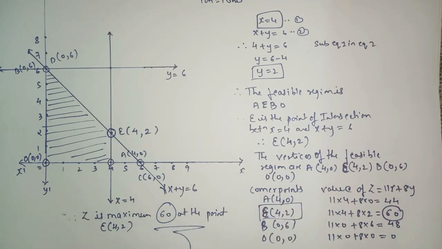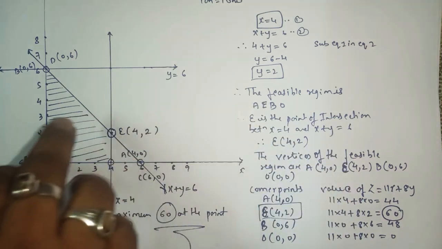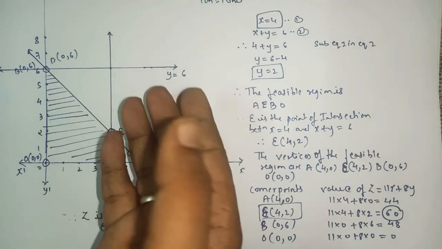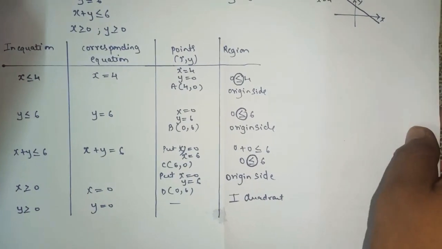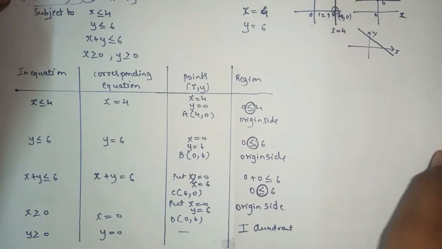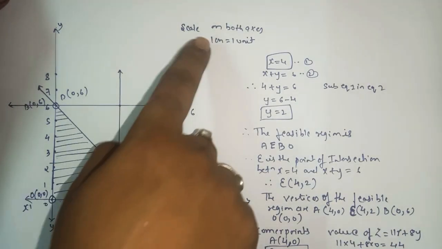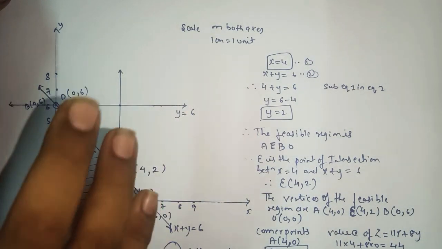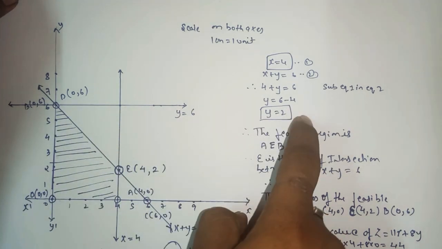So remember this, whenever we have two linear inequations or more than that, if it contains less than equal to, the shading will be inside, and for greater than equal to, it will be outside. So this was the presentation. First you construct the table, then scale, graph, plot the points, show the feasible region, and find the point of intersection.